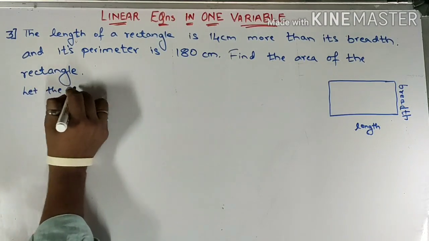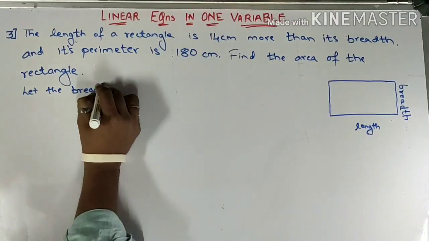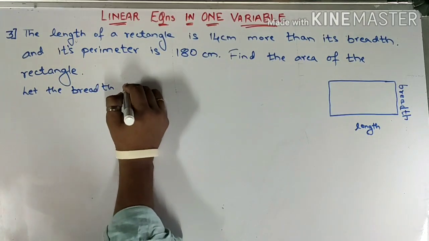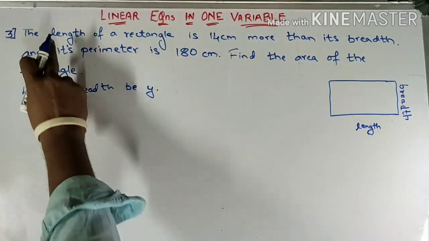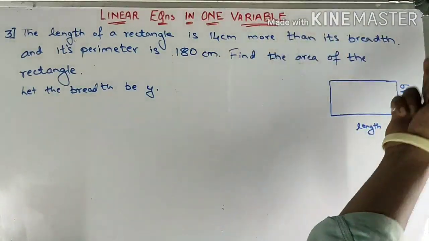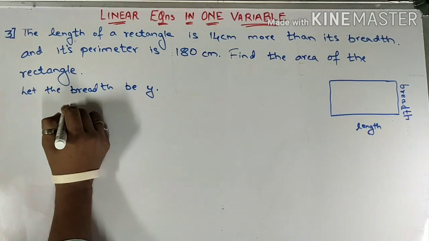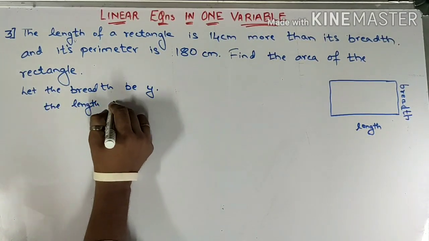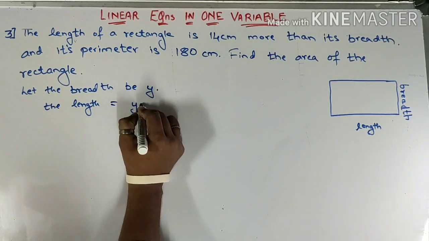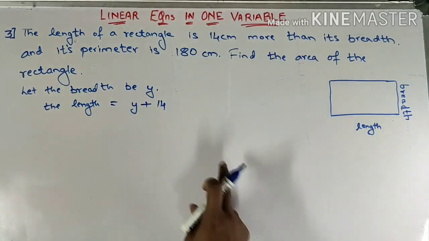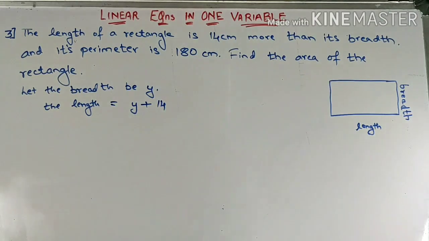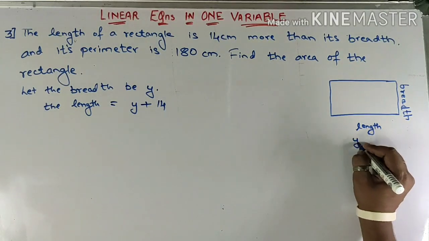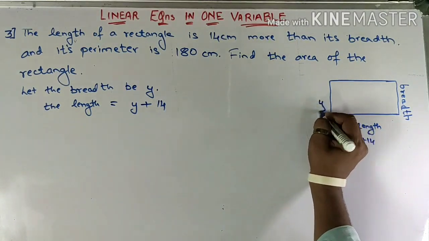We have been taking x for a long while now, so I'll take y. Let the breadth be y. So the length of the rectangle is 14 centimeters more than its breadth. So what will be the length? Length will be y plus 14. That means 14 centimeter more than its breadth, whatever the breadth is. So this is y plus 14 and this is my y.